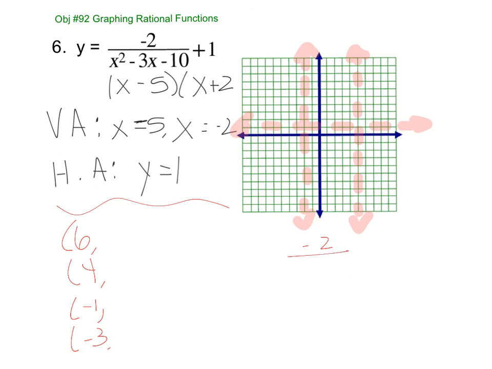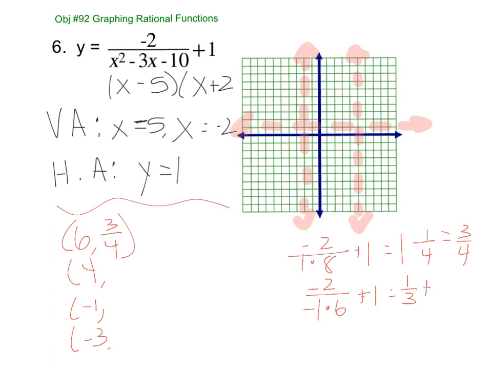So -2 over, let's see, I got 1 times 8 plus 1. So that's 1 minus 1/4. So that's 3/4. Then I'm going to plug in 4. So -2 over -1 times 6 plus 1. So that's 1/3 plus 1.